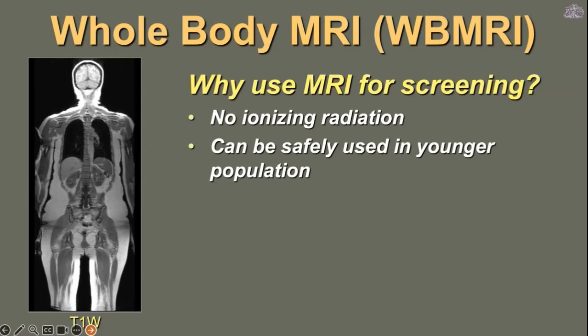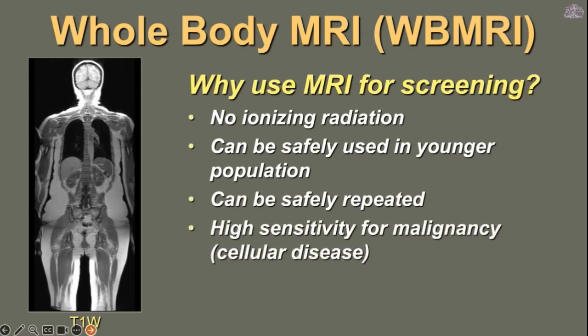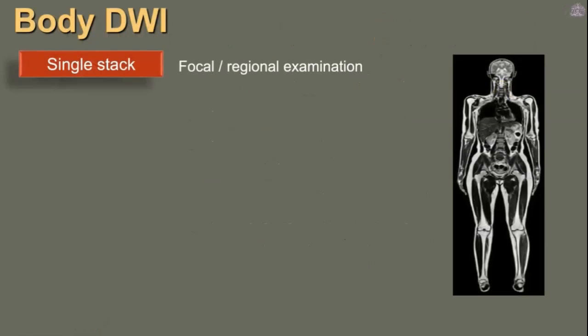So typically some of the younger population we're thinking about maybe in the pediatric group, if you have a genetic predisposition syndrome, or even in people in midlife, say between the ages of 30 and 40. As I said, it can be safely repeated. And we know that it is highly sensitive for cellular disease or malignancy.